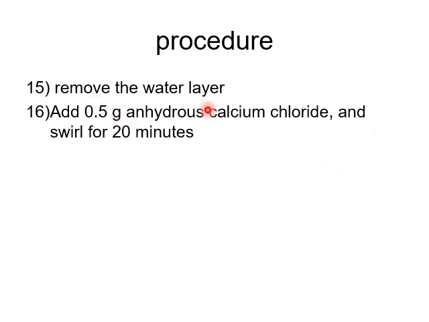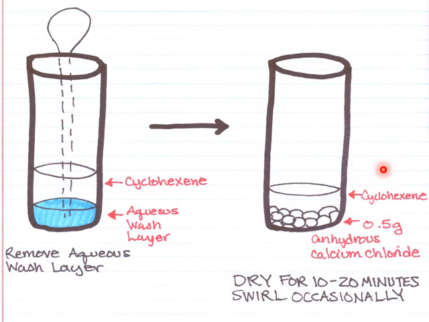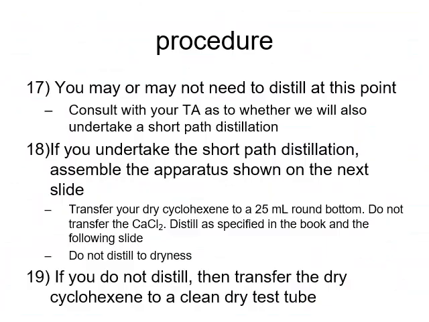That's why we are using anhydrous calcium chloride. You need to swirl and wait 10 to 20 minutes to be sure that you dried your product. After that, you will have your final product.